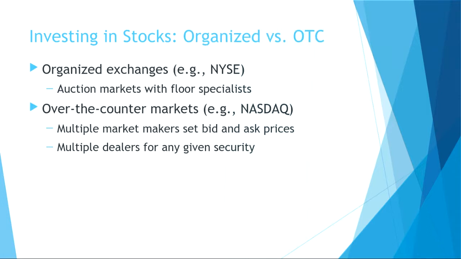What are the differences? Well, in organized markets, sometimes there is a floor specialist. So you cannot submit your order by yourself. You have to submit your order to the specialist, and this floor specialist submits it to the order book.